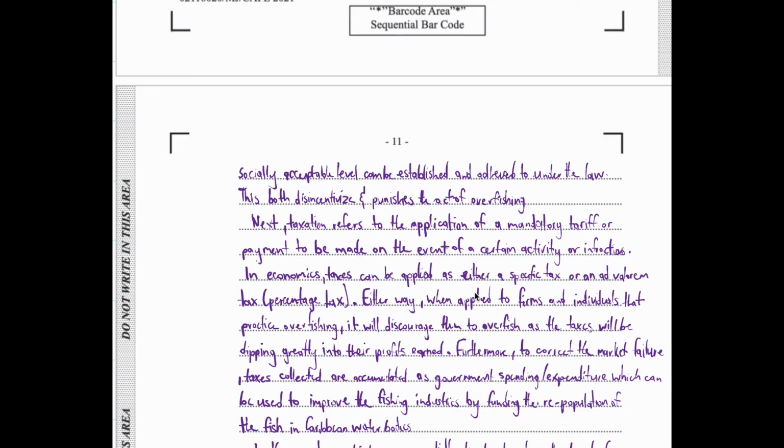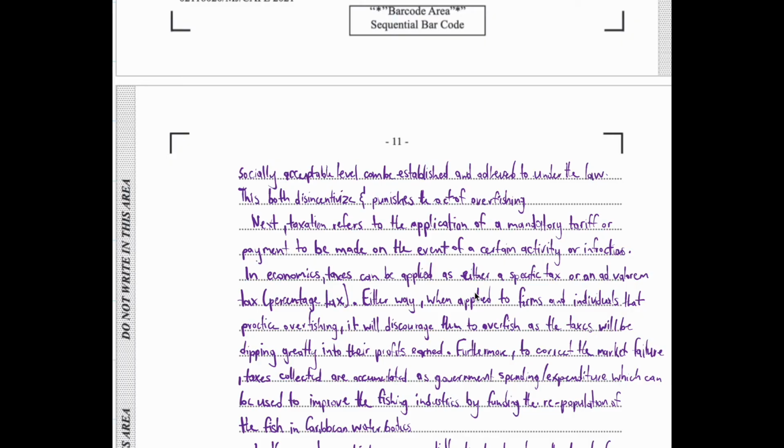They would otherwise overfish because of the prospect of getting more money. But aside from that, you can use that same money to re-inject it into that fishing industry by repopulating the water bodies and ensuring that the water bodies will be able to get back the fish.